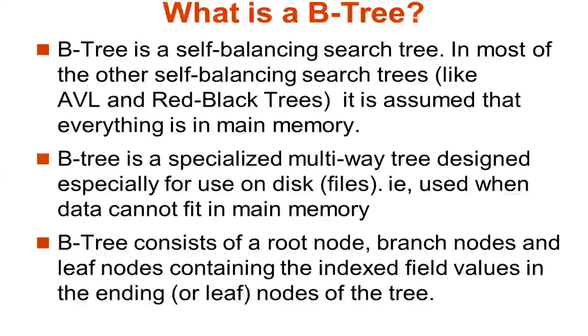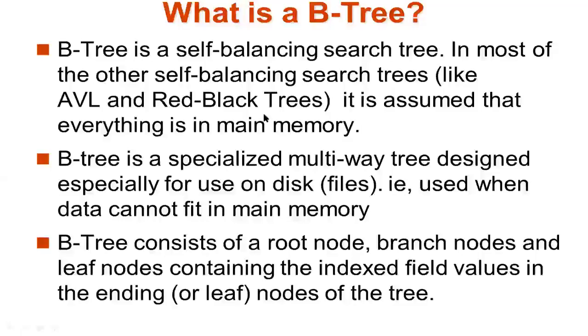Whenever you do insertion or deletion for a set of records in the table and you use the B tree data structure, it can adjust on its own. That's what we call self-balancing, right? The other self-balancing search trees you would have studied are the AVL tree and the red-black tree.